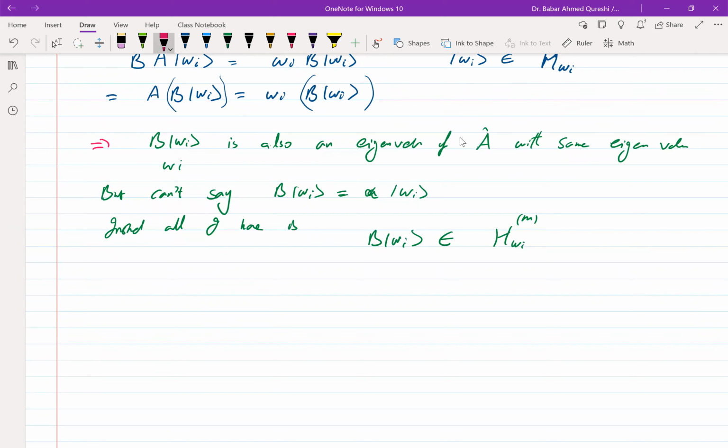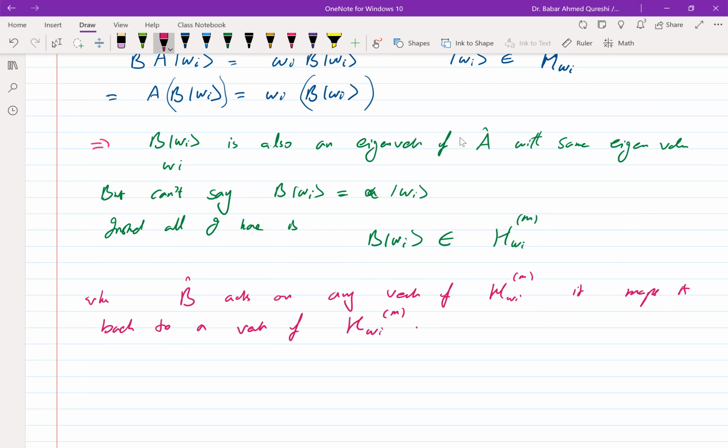So when B acts on any vector of this subspace, it maps it back to a vector of the same subspace. It doesn't take you out of there.